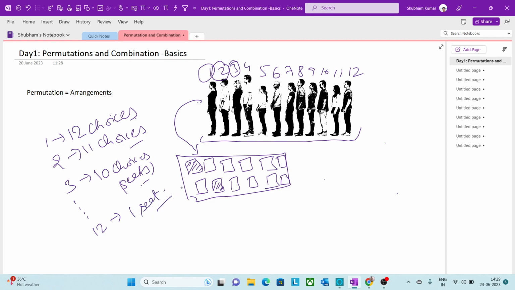So this is the case where the seats are equal to the number of persons.